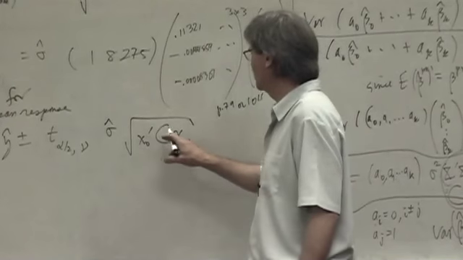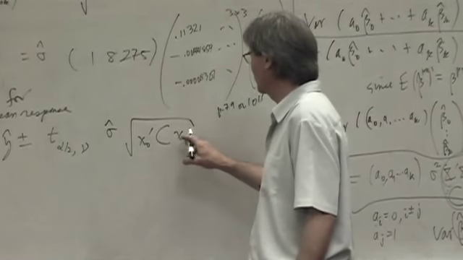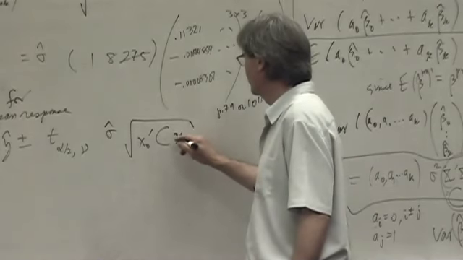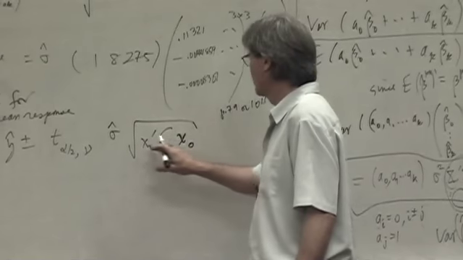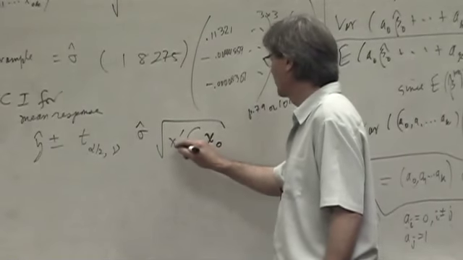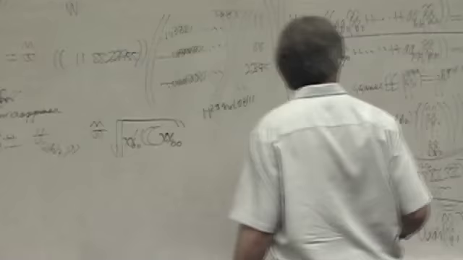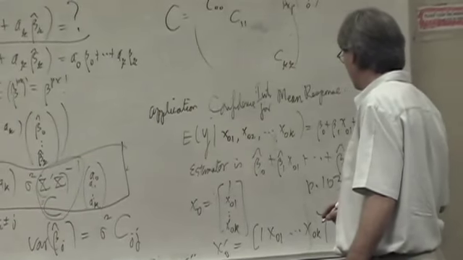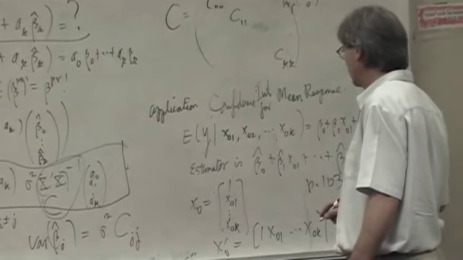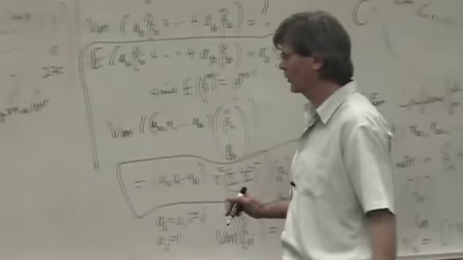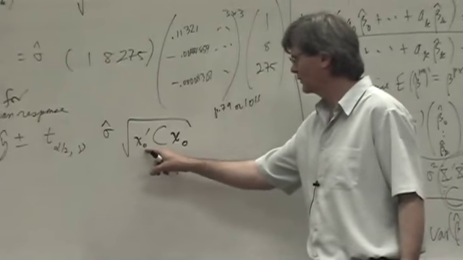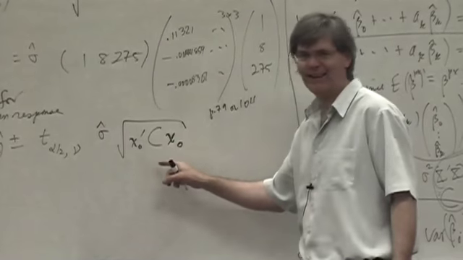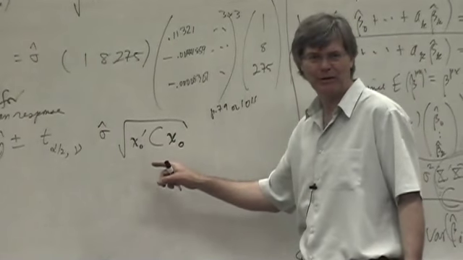This x0 prime C x0, does it correspond exactly to what we had before? Yes. It turns out that this thing does correspond exactly to the 1 over n plus x minus x bar squared over Sxx in simple linear regression.